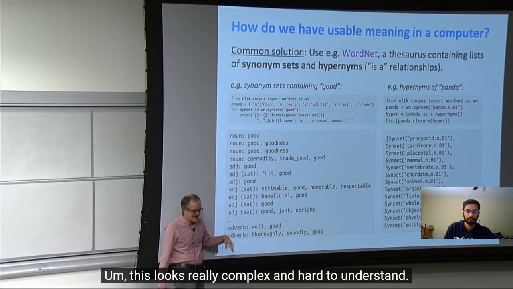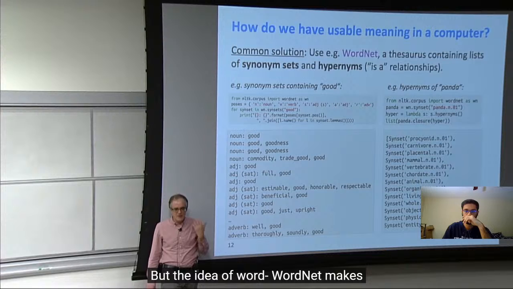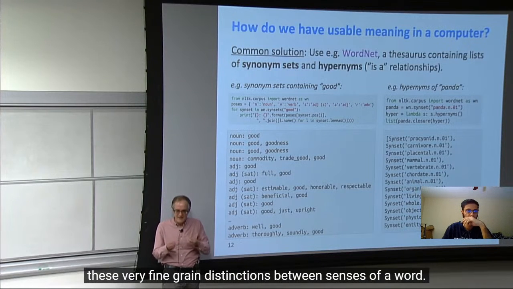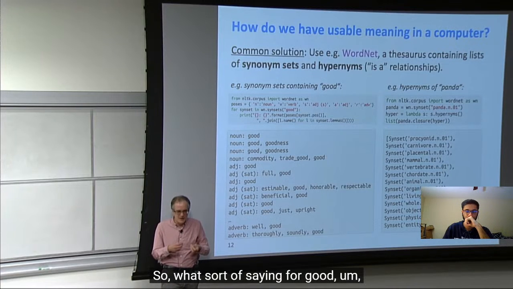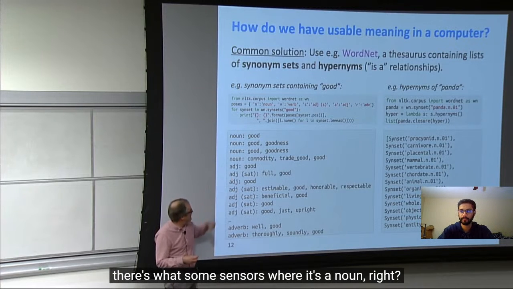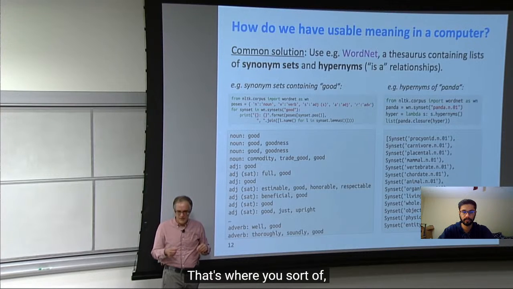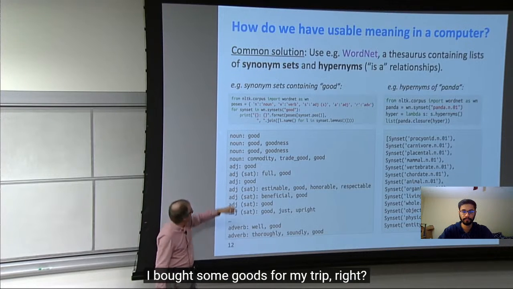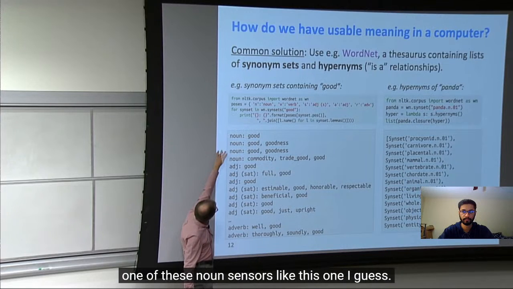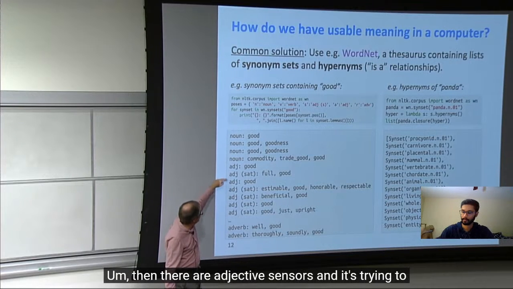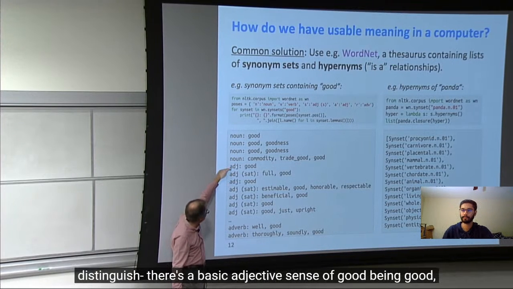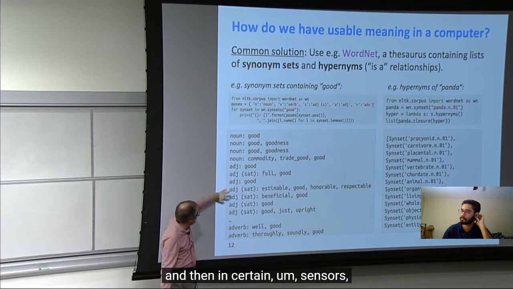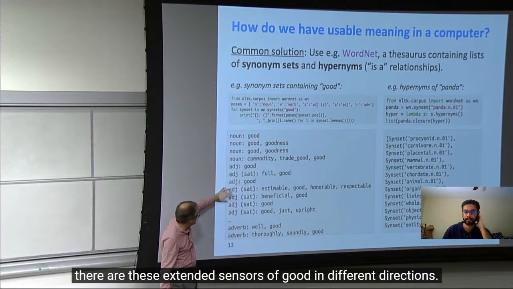This looks really complex and hard to understand, but the idea of WordNet is that it makes very fine-grained distinctions between senses of a word. So it's saying for good, there are some senses where it's a noun, right? That's where you say, I bought some goods for my trip. So that's one of these noun senses, like this one, I guess. Then there are adjective senses, and it's trying to distinguish a basic adjective sense of good being good, and then in certain senses there are extended senses of good in different directions.